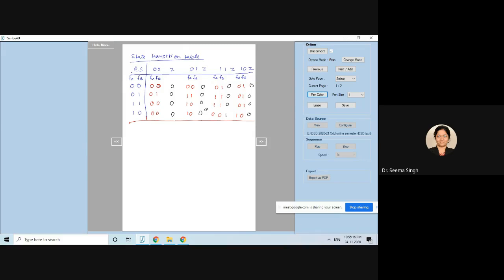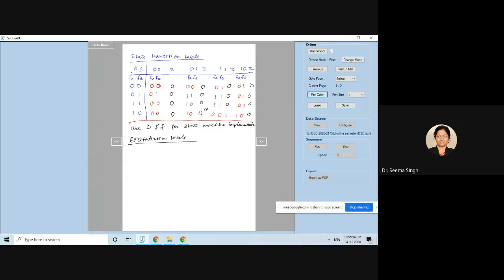I will say that I want to use D flip-flops for state machine implementation. What I am doing today using D flip-flops, you people have to do using T, JK, SR. The way you did counters, the same way you will have to do this also. Because it is a D flip-flop, the excitation table will be simple to implement.